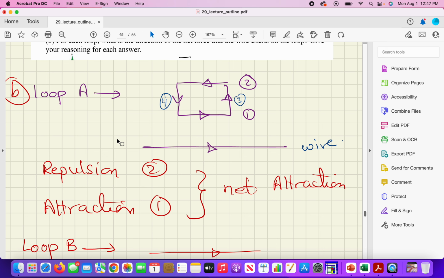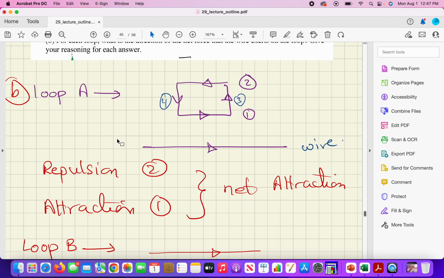If we have a decrease in flux, then we are going to have a net attraction. If we have an increase in flux, the net is going to be repulsion.